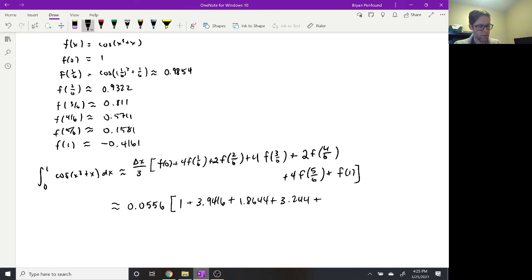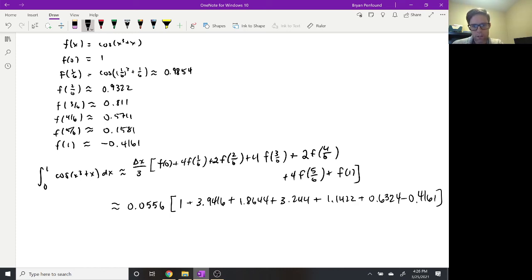Next number by 2, so 5711, we'll multiply that by 2. We have our 0.1581 by 4. And then we're going to have that subtraction of 0.4161 at the end here. So that should be those heights just weighted by either that factor of 4 or factor of 2.